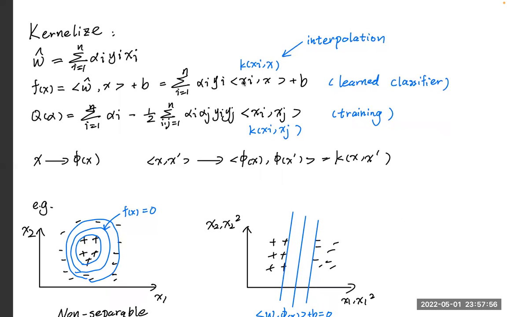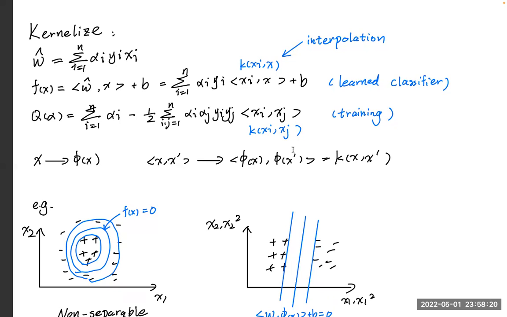If you change x to Φ(x), then you change x_i to Φ(x_i), and this changes to Φ(x). You only need to know the inner product of Φ(x_i) and Φ(x). And here, you change x_i to Φ(x_i) and x_j to Φ(x_j). You only need to know the inner product of Φ(x_i) and Φ(x_j).